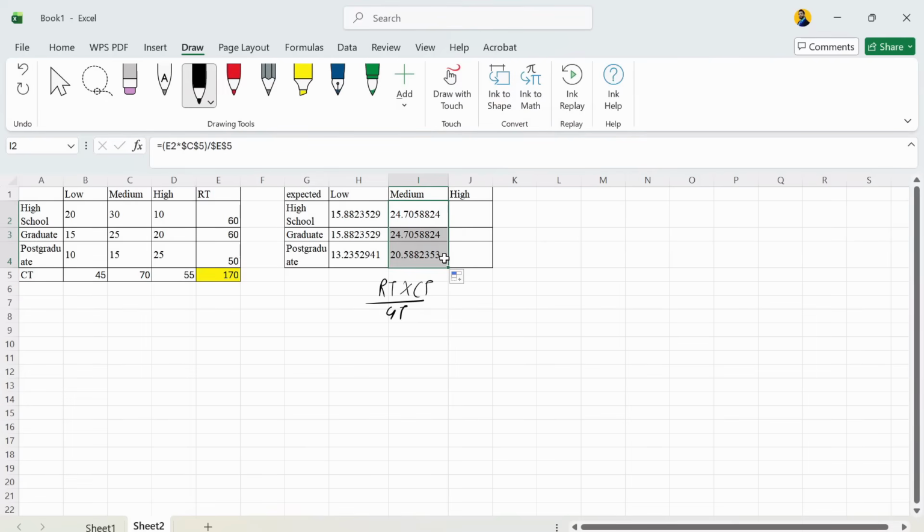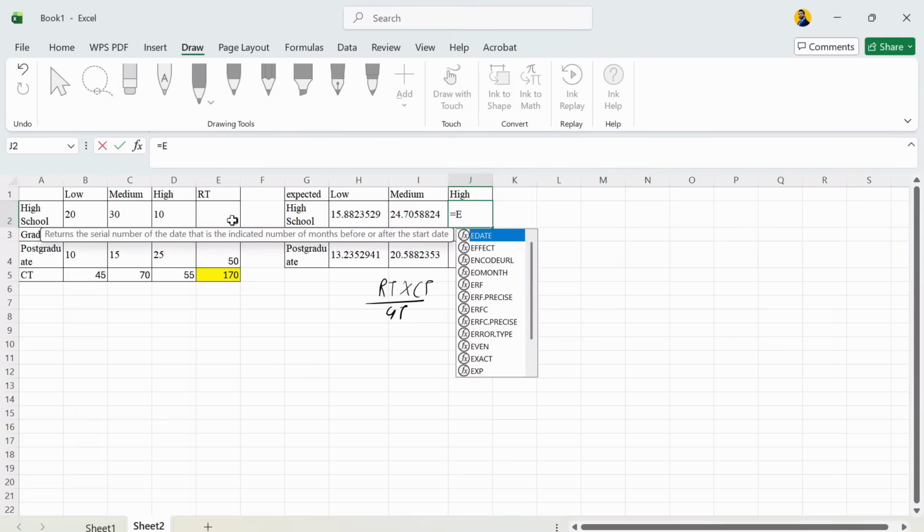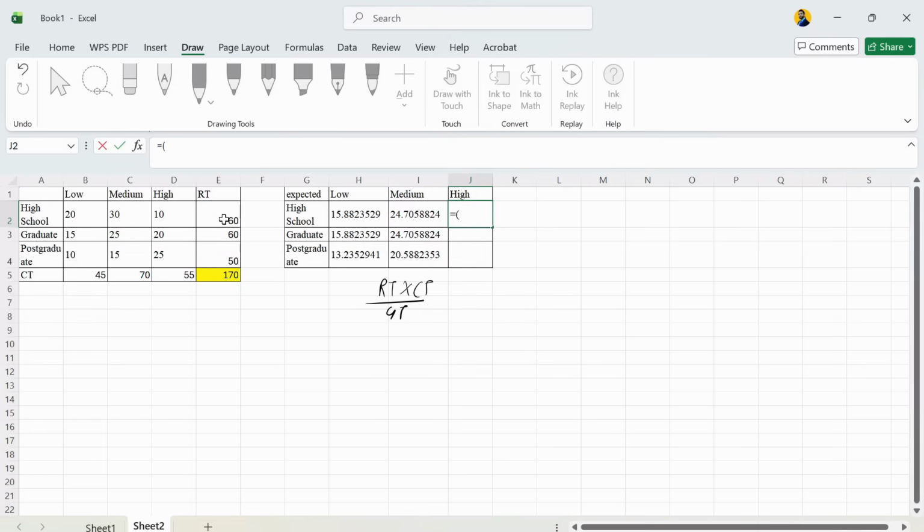Now similarly, we will go for the third one. Equal, then first use the parenthesis, then row total, so this one, into column total. The column total is this one. Then close the bracket, divide by grand total. The grand total is this one.